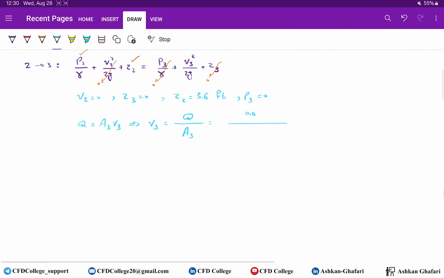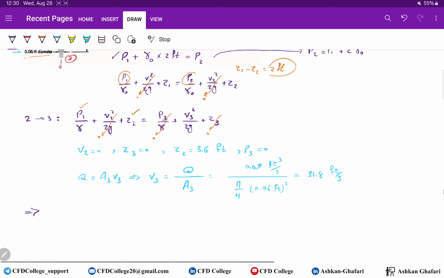Yes, 0.09 cubic feet per second, and in the denominator we have pi over 4 and the diameter, which is 0.06 feet square. So we can find V3, 31.8 feet per second. Now we can solve the Bernoulli equation.